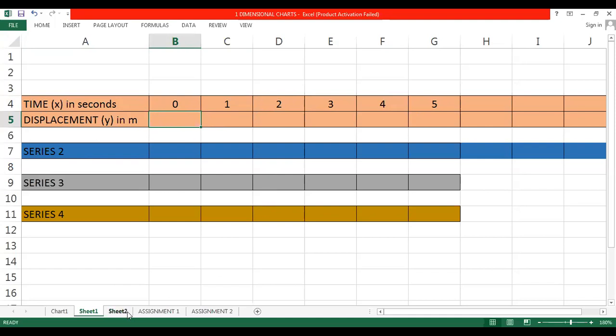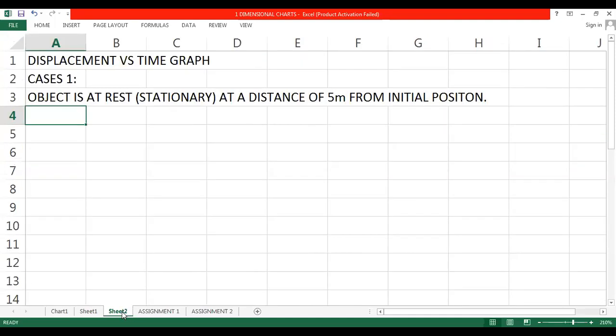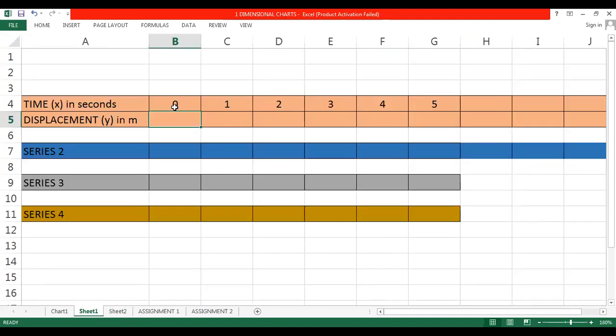If you have studied the case, this is the case. The object is at rest at a distance of 5 meters from the initial position. So what will be the displacement at the beginning, at the initial position, at the time we are starting the timer?